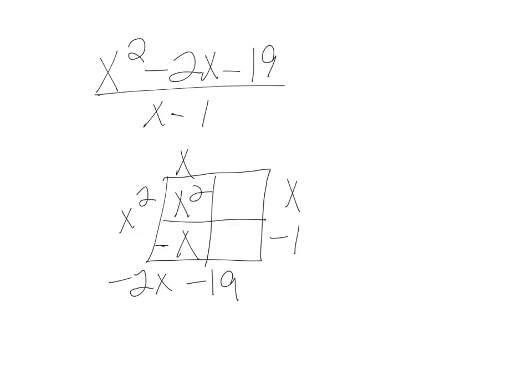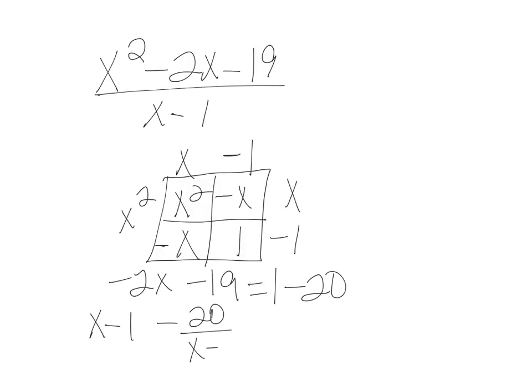So I have negative x in that box, which means I need another negative x over here to get negative 2x. So a negative 1, which would give me a 1. Negative 19 would be 1 minus 20. So my answer is x minus 1 minus 20 over x minus 1. Cool? All right, moving on.